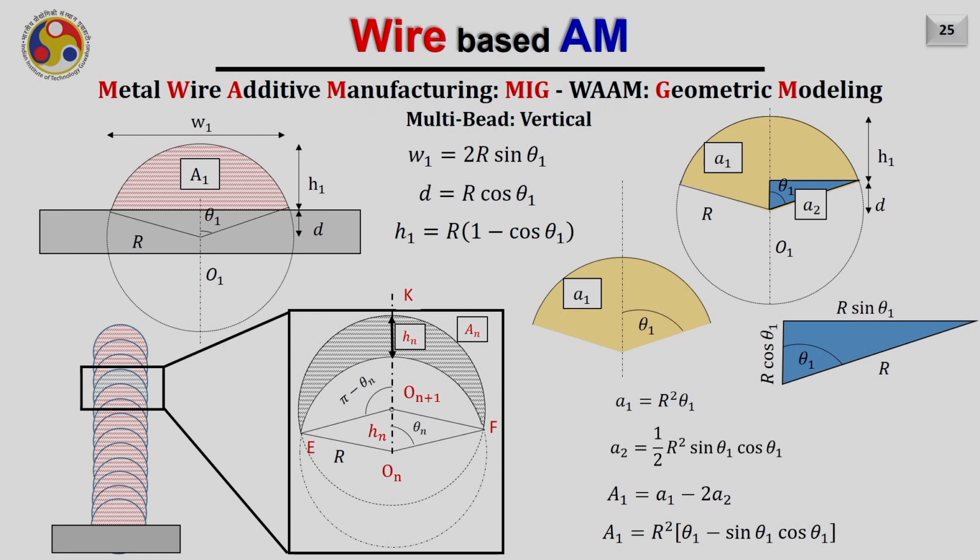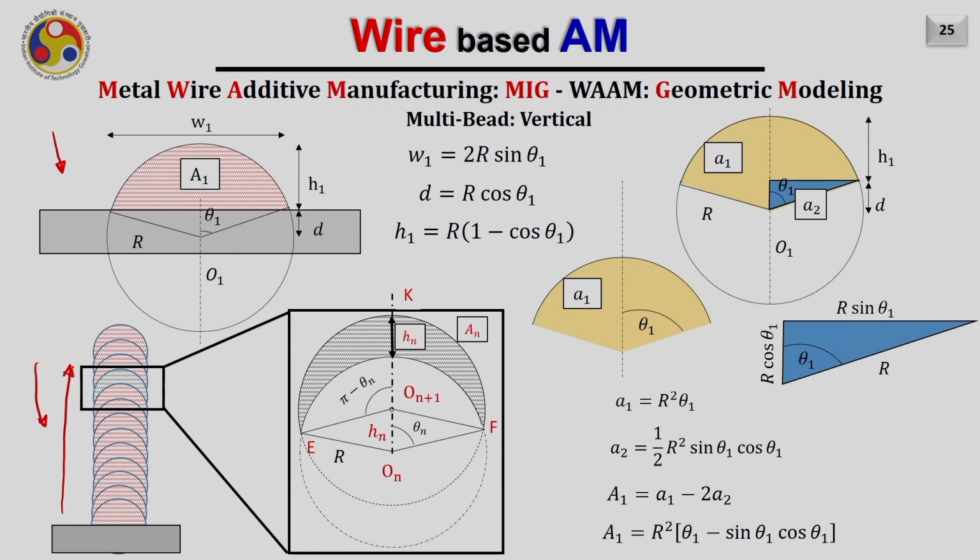Before that, let us find out some of the geometric parameters in terms of the known parameters. What you are seeing here is the deposition of the first bead on the flat surface, while what you are seeing here is the deposition of multiple beads, one over another.